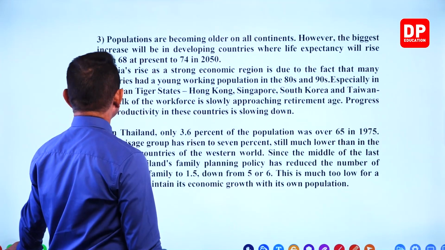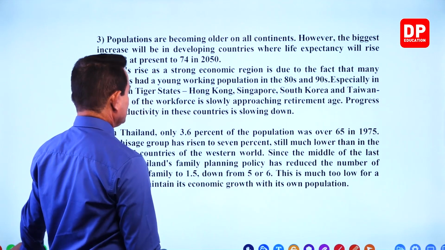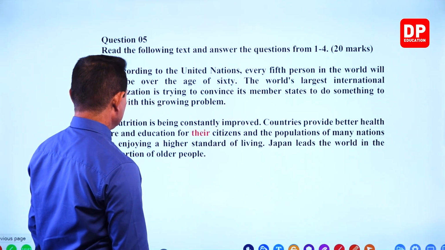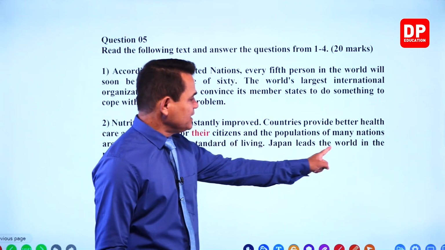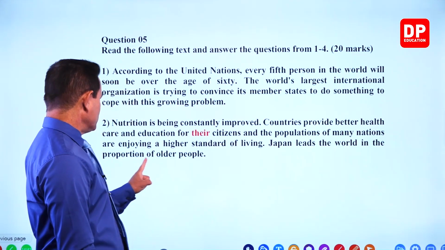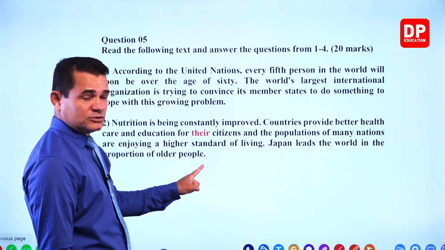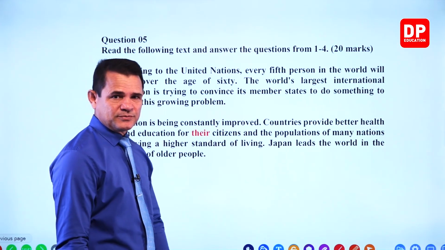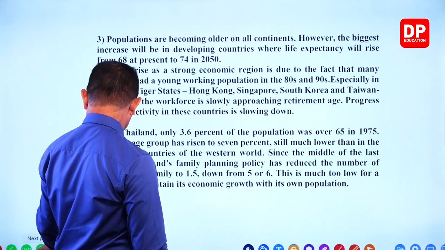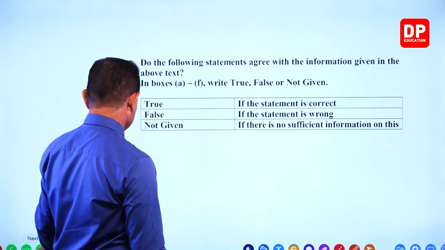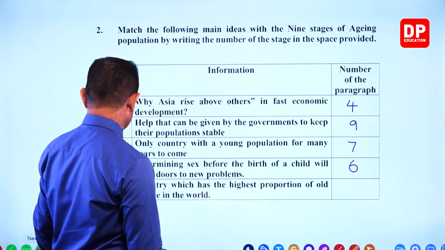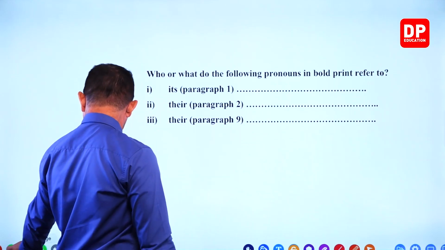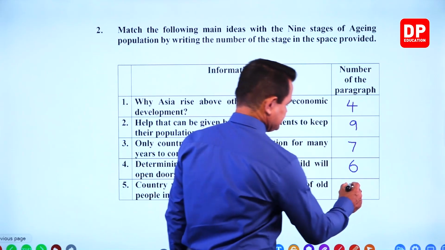Look at the page. I think it's at the beginning. Here: Japan leads the world in the proportion of older people. So it is paragraph number 2. So then it is easy.